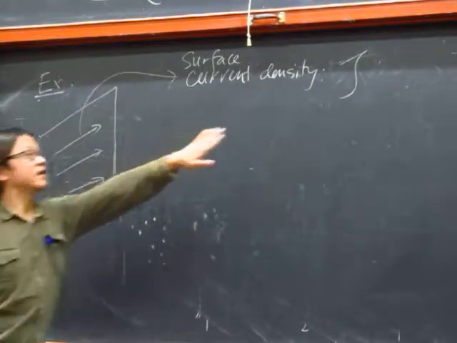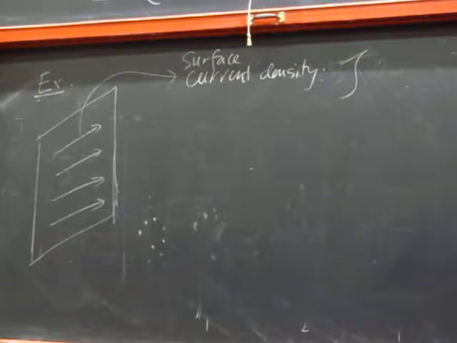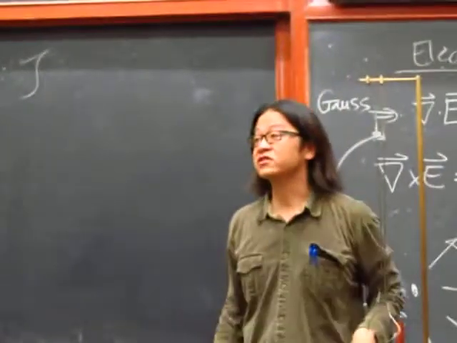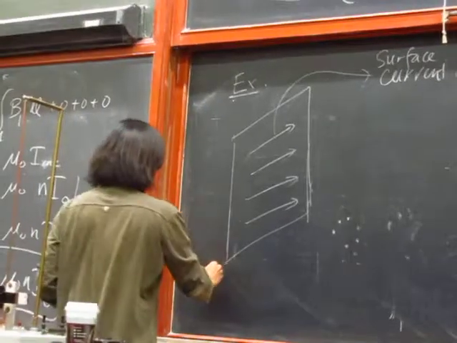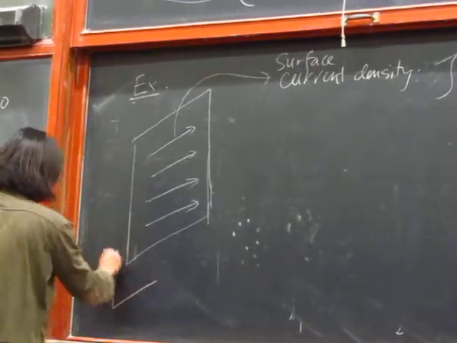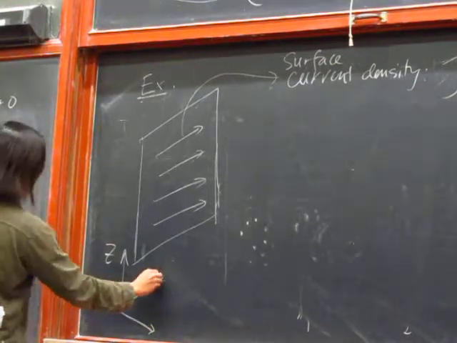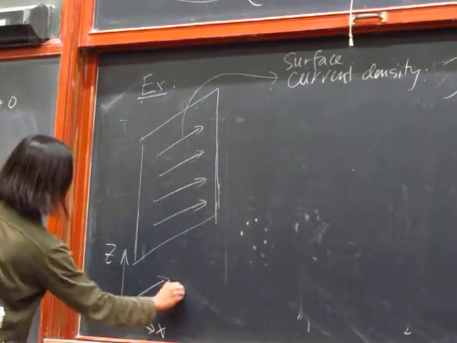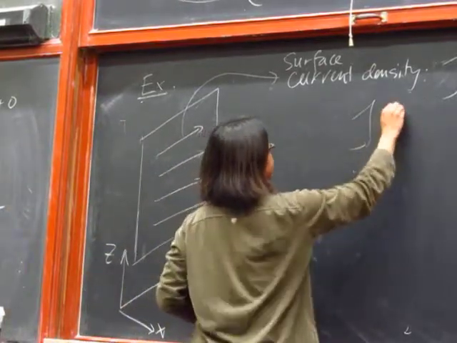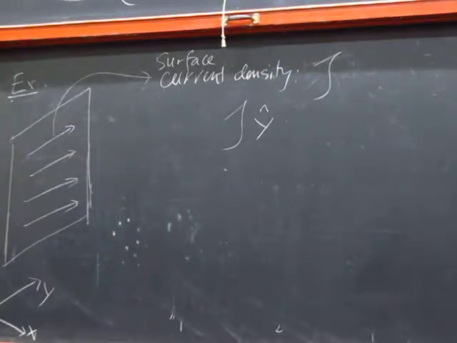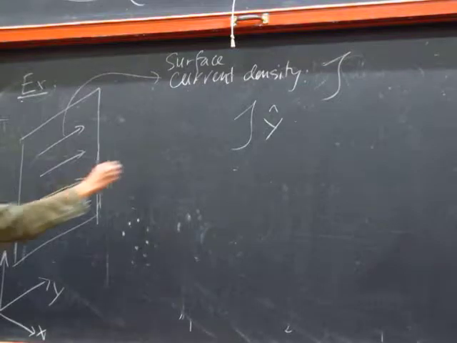This is analogous to sigma in the electrostatic case of surface charge density. Let's define a direction: this is Z, and X and Y. So there is a surface current K going in the Y direction, and we want to find the magnetic field everywhere.